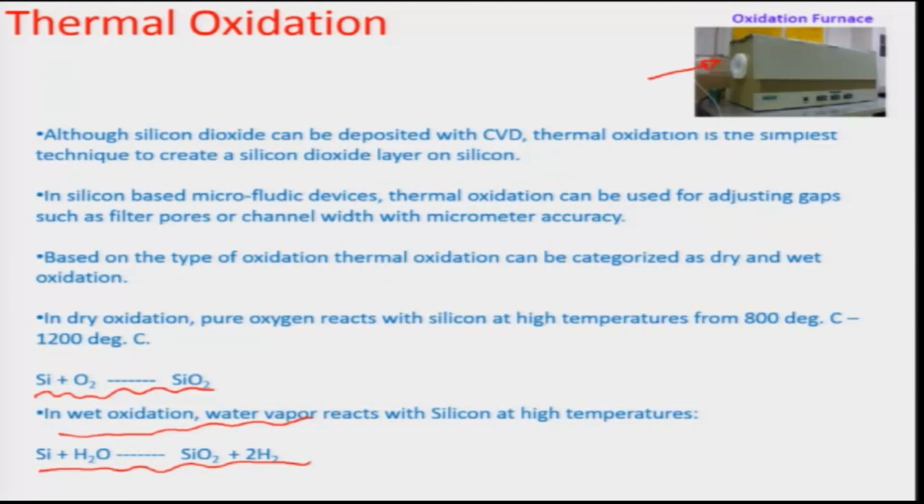So, we will now try to estimate the consumption pattern behind silicon oxide given a certain thickness of silicon, and also some other conditions like the molecular density of the silicon, the volume fraction, and so on and so forth.